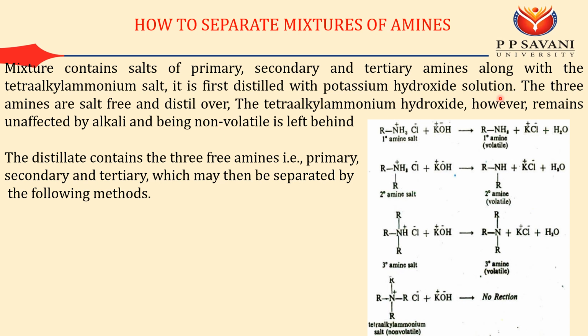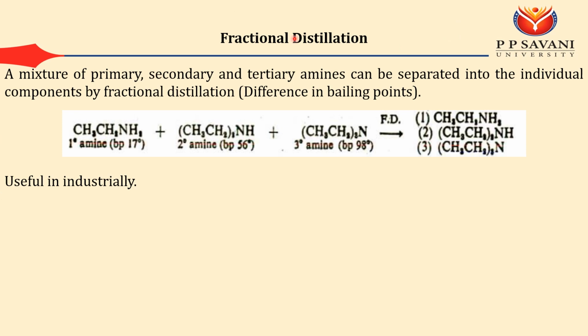I have to distill; the three alkyl amines are salt free and distill over, and tetra-alkyl ammonium hydroxide however remains unaffected by alkali and, being non-volatile, is left behind. The distillate contains three free amines, that is primary, secondary and tertiary. You can easily separate them, and the first method is fractional distillation. As I told you, the boiling points of all three amines are different.